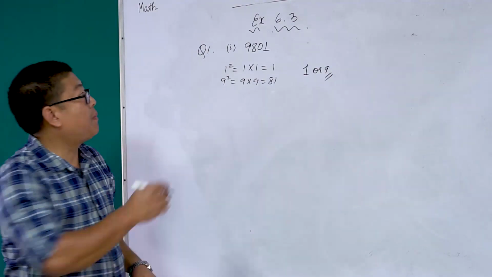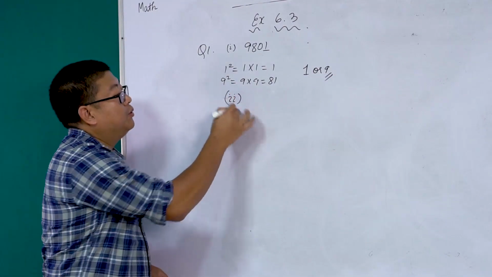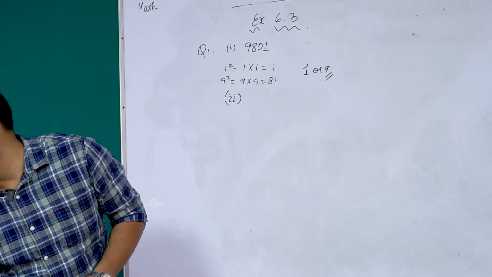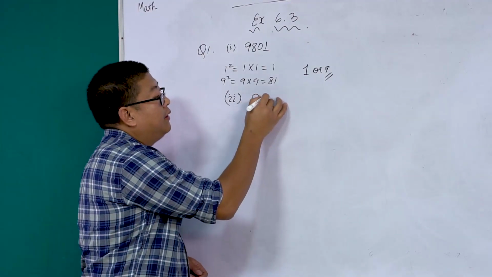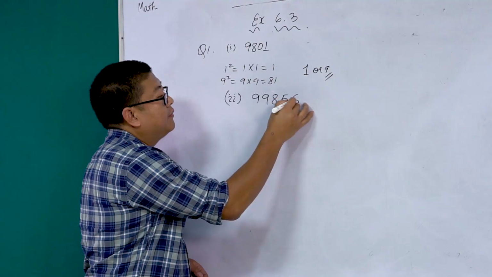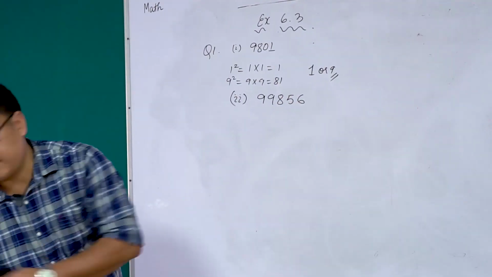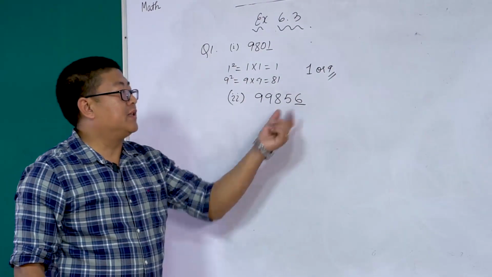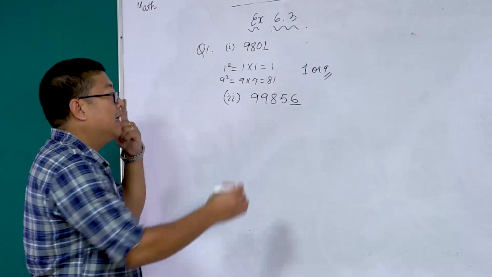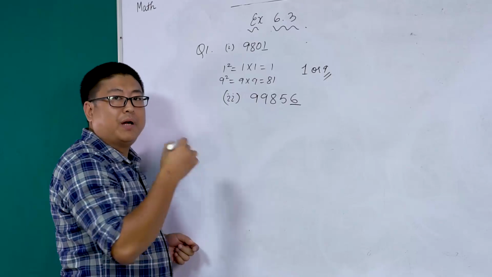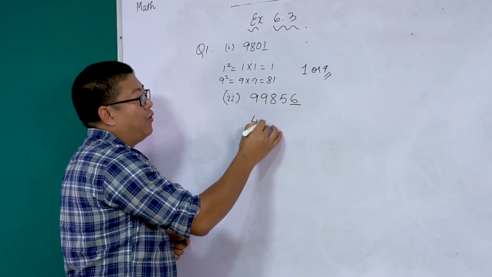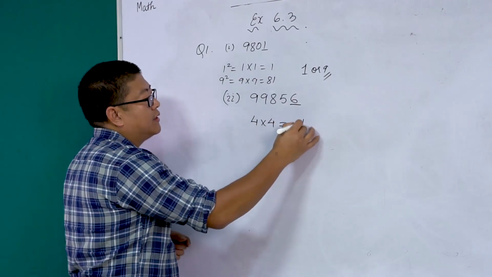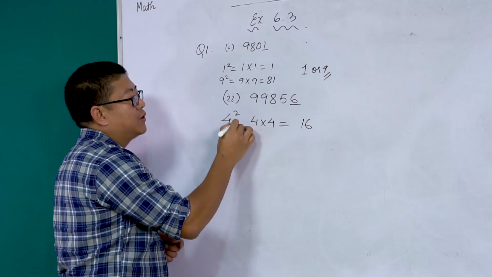Let's try the next one. Question number 2: 99856. Alright. Let's look at the unit place number. Now this is 6. 6 can be achieved by multiplying 4 into 4, which is 16. That is 4 square.